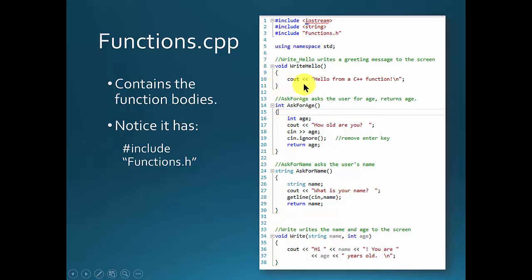Notice that the functions.cpp also, just like driver.cpp, has an include statement for functions.h. You do not include functions.cpp in your driver. The only thing that gets included in driver.cpp and functions.cpp is functions.h.